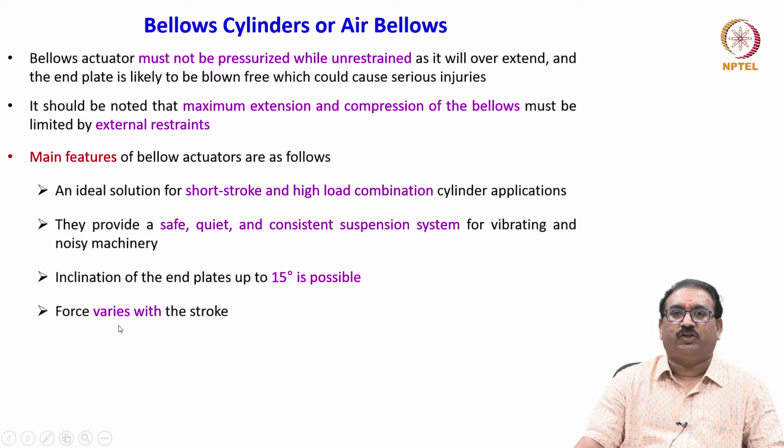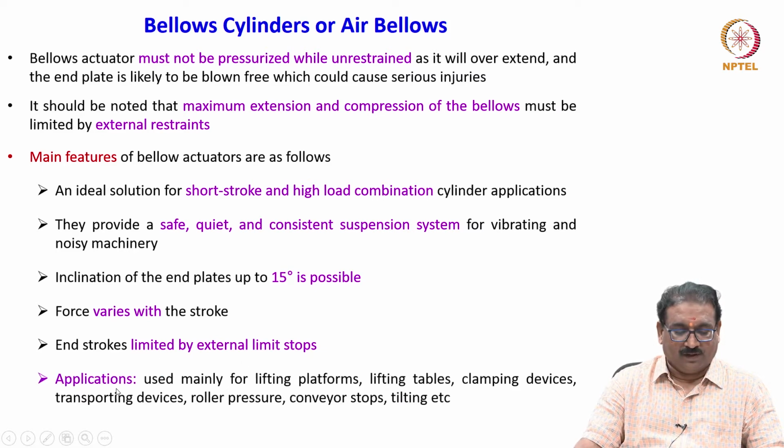Force varies with stroke. End strokes are limited by external limit stops. Applications are used mainly for lifting platforms, lifting tables, clamping devices, transporting devices, roller pressure, conveyor stops, tilting and many more.